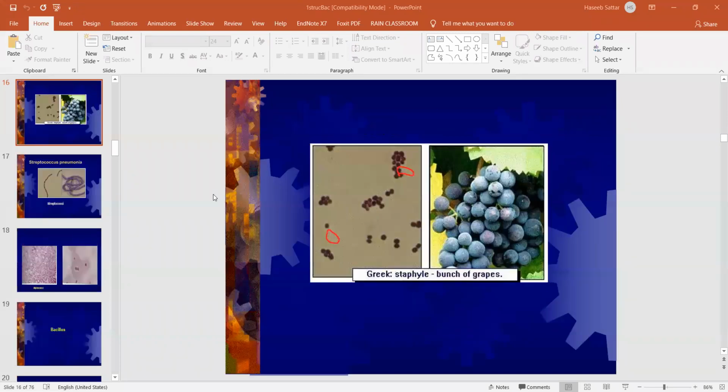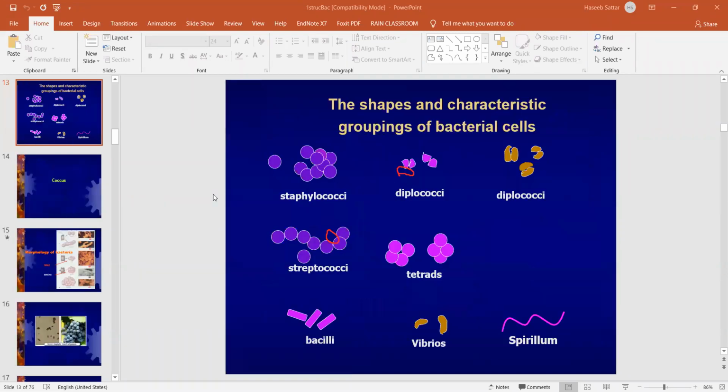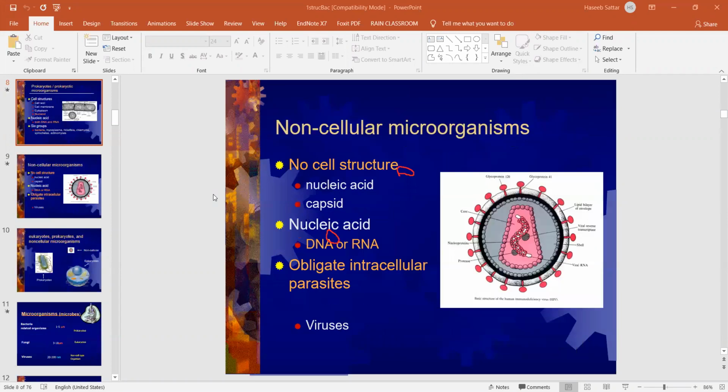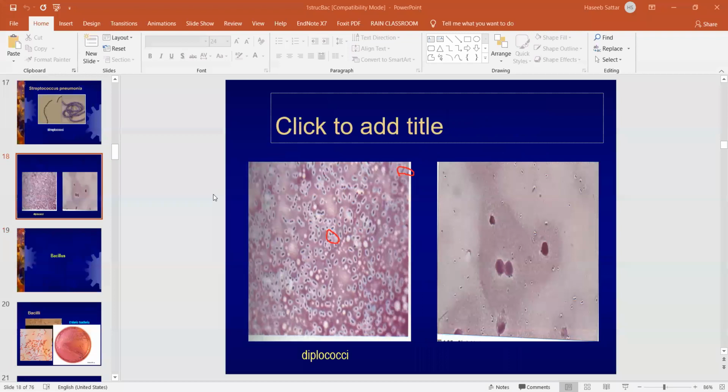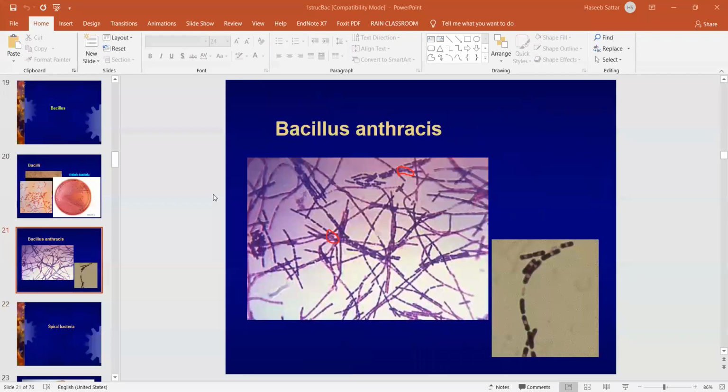Let me check if I have gram positive cocci. Here you can see the color, it's blue, but it is not that clear.